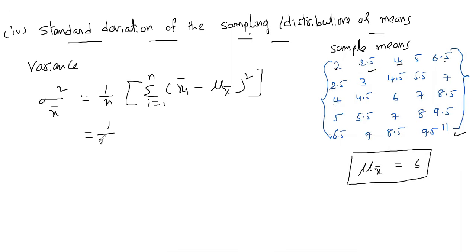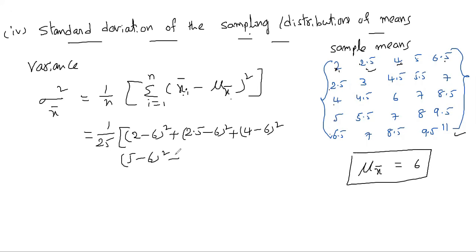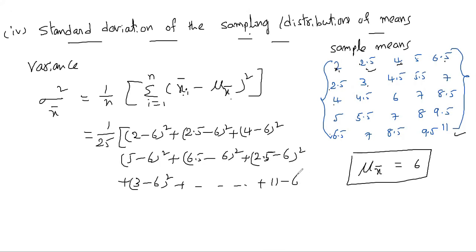So n is 25. 1 by 25 times: 2 minus 6 whole square, 2.5 minus 6 whole square, 4 minus 6 whole square, 5 minus 6 whole square, 6.5 minus 6 whole square, 2.5 minus 6 whole square, 3 minus 6 whole square, and so on, up to the last one, plus 11 minus 6 whole square.